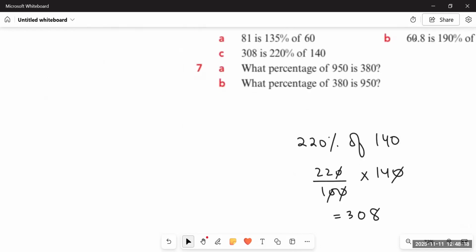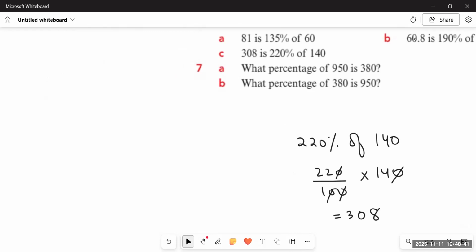Now they're saying, what percentage of 950 is 380? So what are we supposed to do next? We have to calculate the percentage of 950. What percentage of 950 is 380? We will simply find the percentage of 380 over 950.